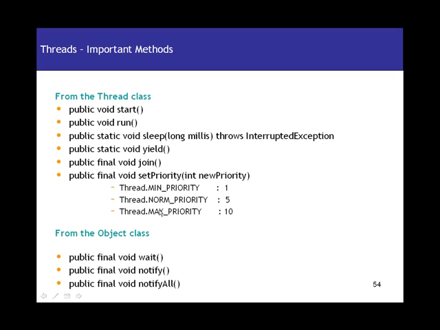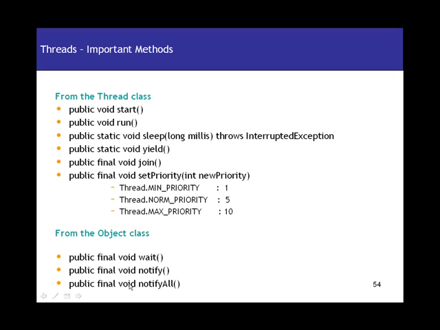If you do not explicitly set the priority for a thread while creating it, the default priority would be the NORM_PRIORITY for all the threads, that is 5. So these are the methods which are inherited from the Thread class.